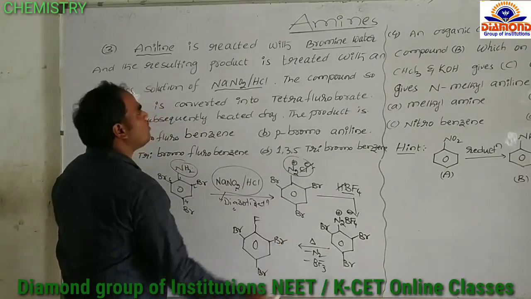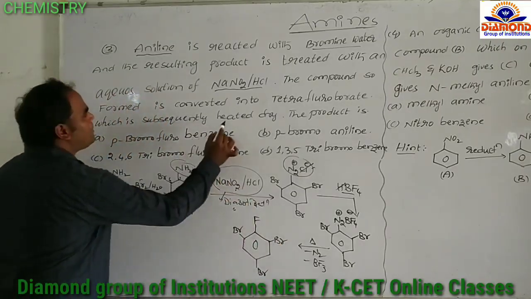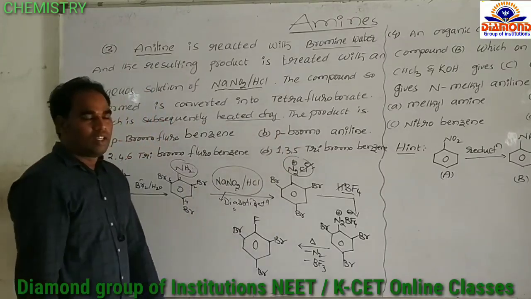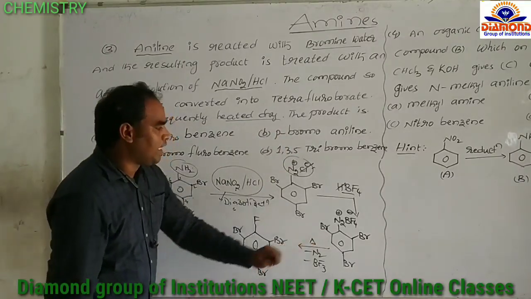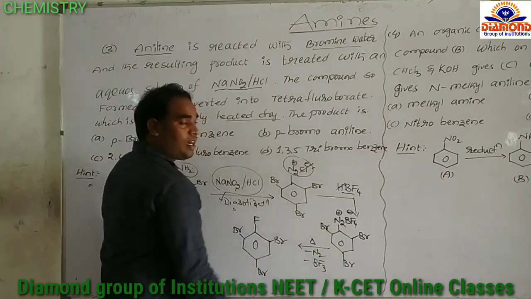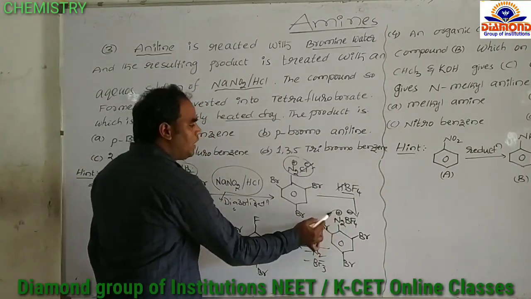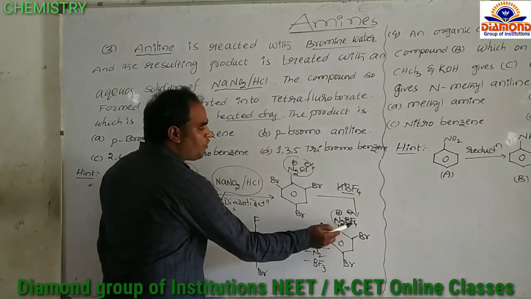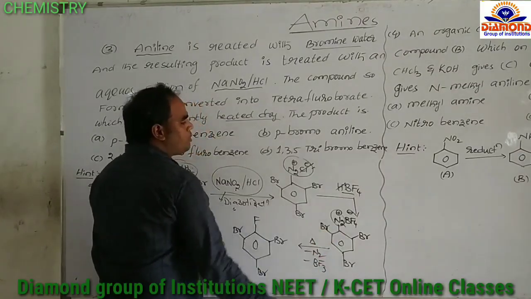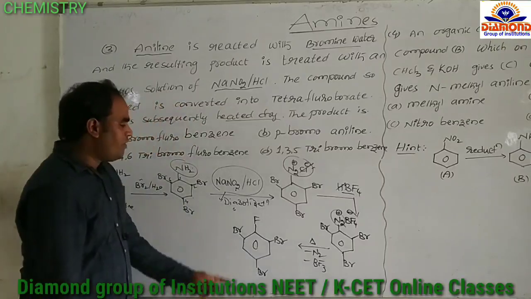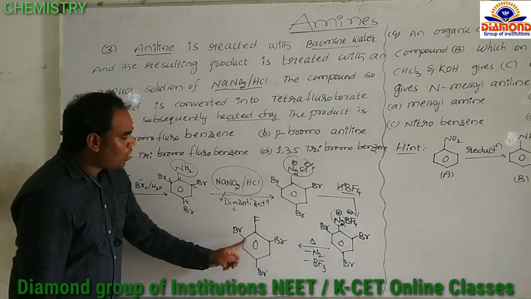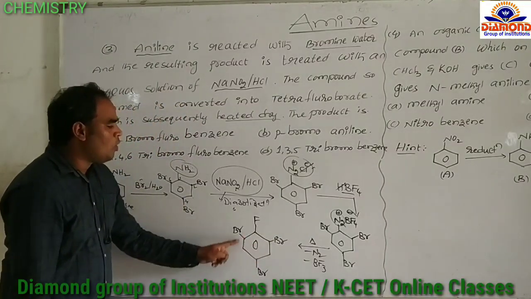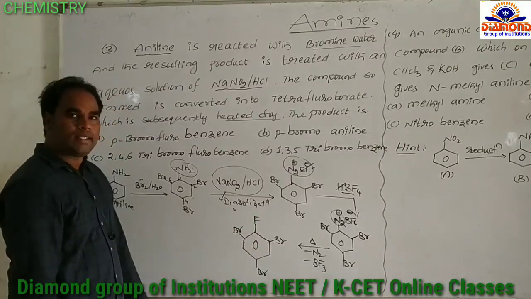By heating, because it is mentioned subsequently heated, what happens here? This is unstable. Therefore, N2 gas and BF3 are eliminated. So from here, one fluoride is substituted at this position. Then we get 2,4,6-tribromofluorobenzene. That is the product.